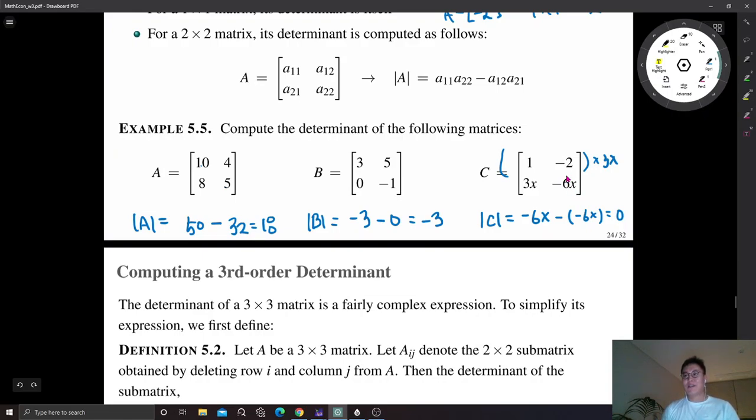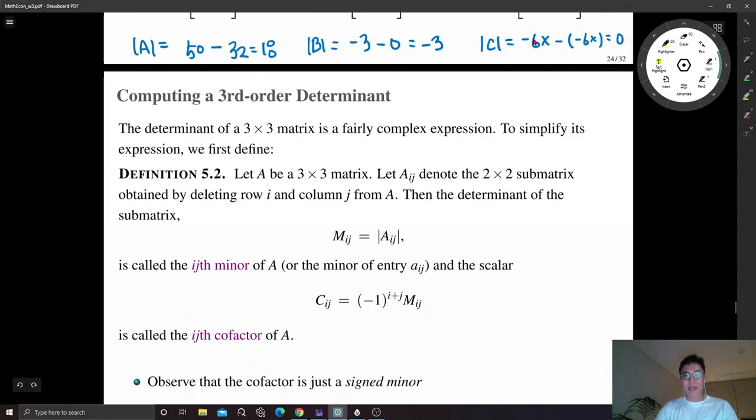So the second row is a linear combination of the first row. There is some problem: it turns out that this matrix C is not invertible, because its determinant is 0. So that is an alternative way to determine whether a matrix is invertible or not.